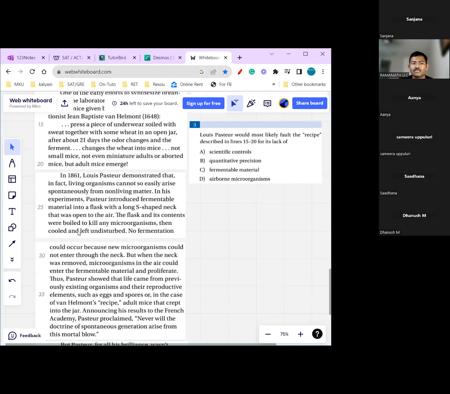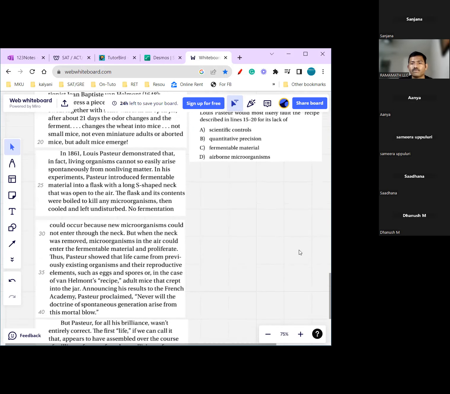I want you guys to pay close attention to lines 21 to 40. If I look at it, in the Louis Pasteur experiment, he demonstrates that living organisms cannot easily arise spontaneously from non-living things. We see that. So if I look at it, the mice in the Van Helmont demonstration likely crept from a jar. In other words, the recipe lacked scientific controls.